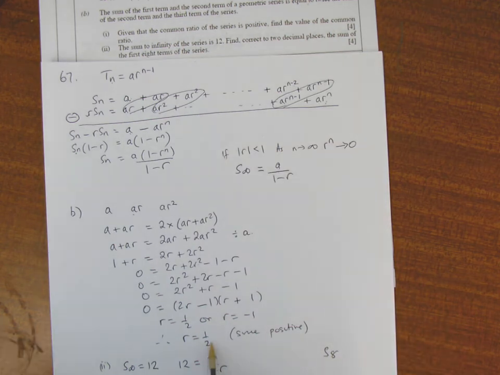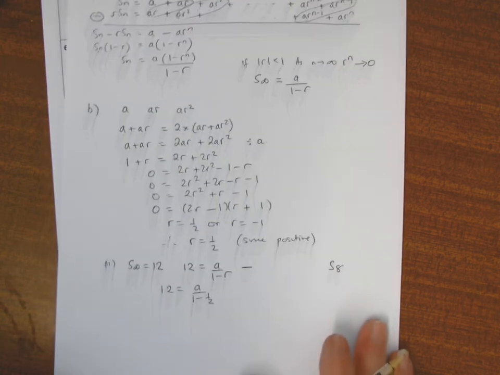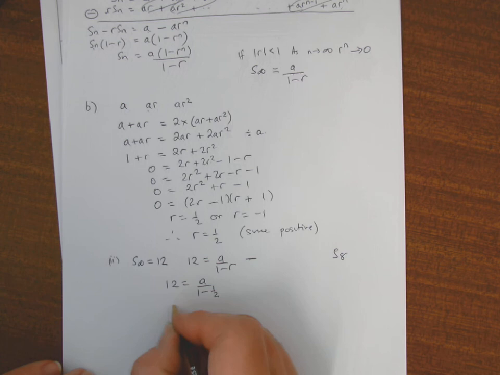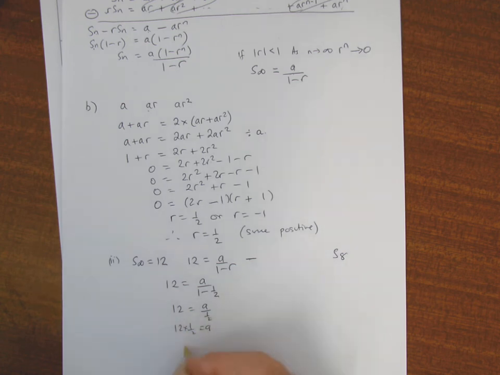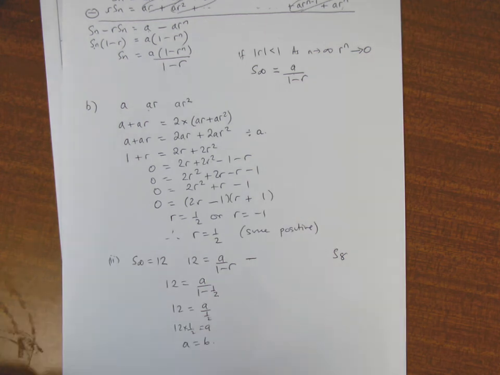I know what r is, so I now need to find out what a is. So substitute into the sum to infinity equation. So 12 is equal to a over 1 minus a half. So 12 is equal to a over a half. And then multiply up, 12 times a half equals a. So a is equal to 6.